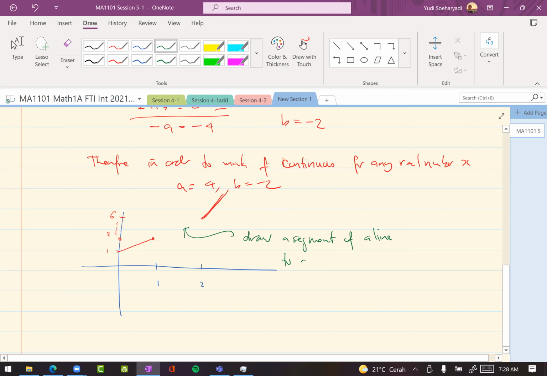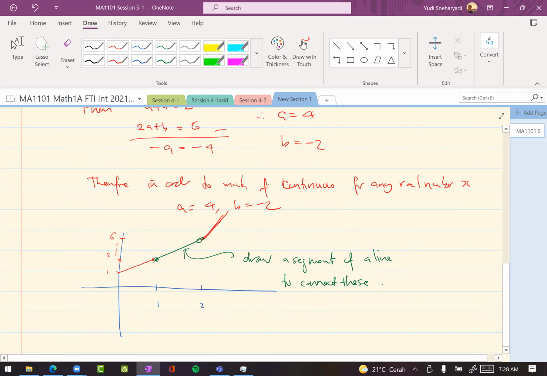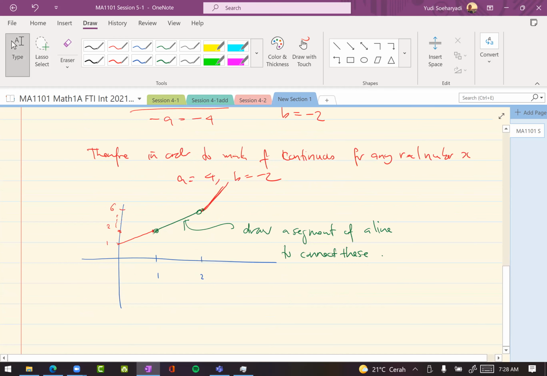To connect. All right, so the question is, what's the equation for that line? It must be ax plus b, so you find the a and b. So it is connected.